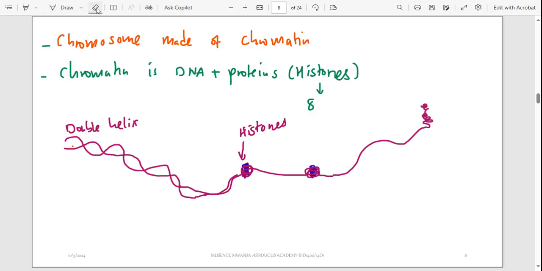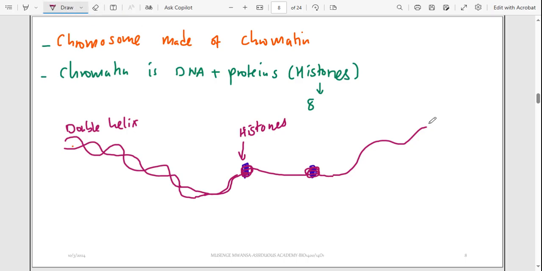Let me write it well. So you see the structure starts to condense even all the more. It's condensing even all the more, just like that.